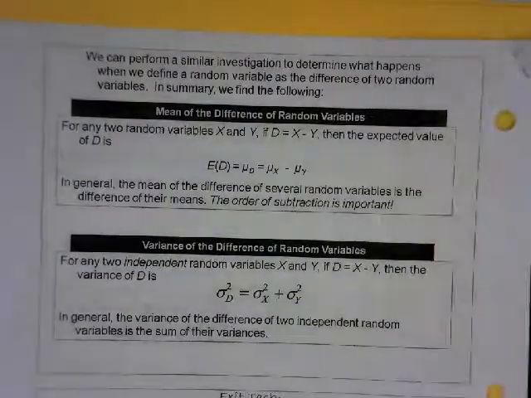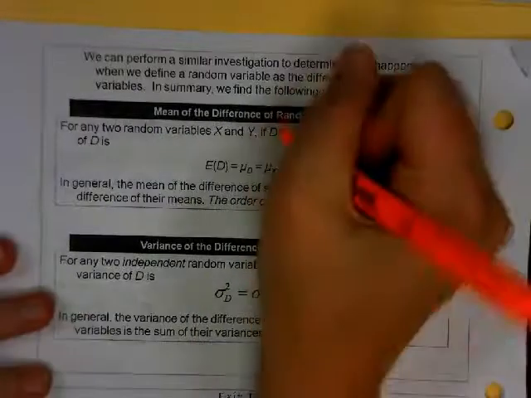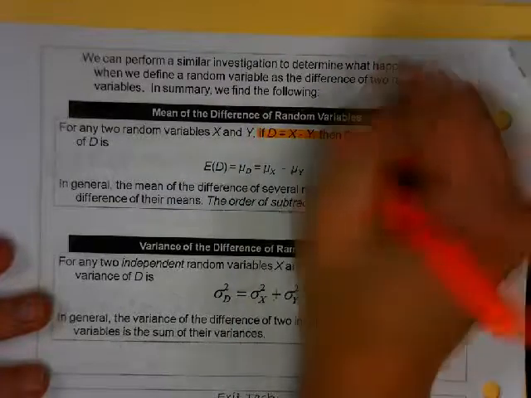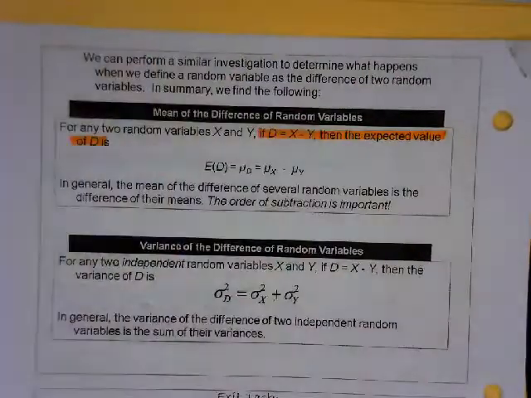So this time, if we have random variables X and Y still, we're going to define D to be X minus Y. Expected value, nice and simple. You just take your expected value of X minus the expected value of Y.